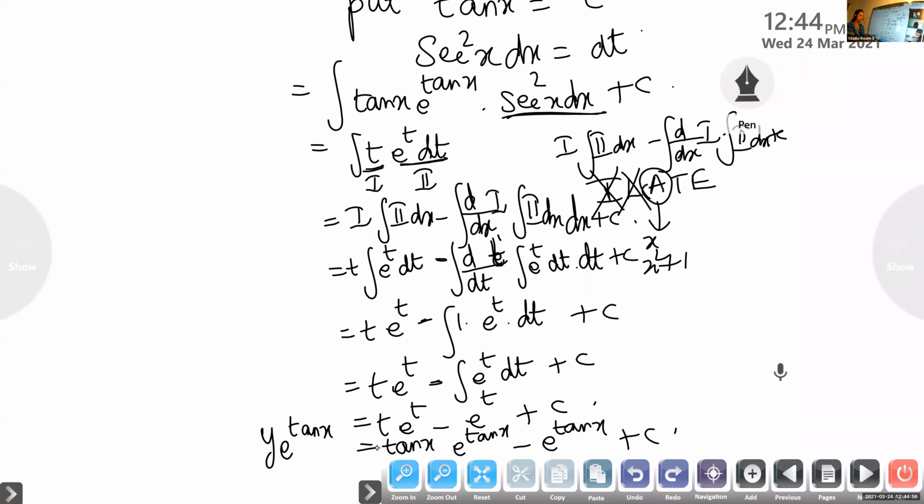Finished? Is it okay? Any doubts in this part? Clear it. These model questions are all important questions. Solving linear differential equations are all important questions.